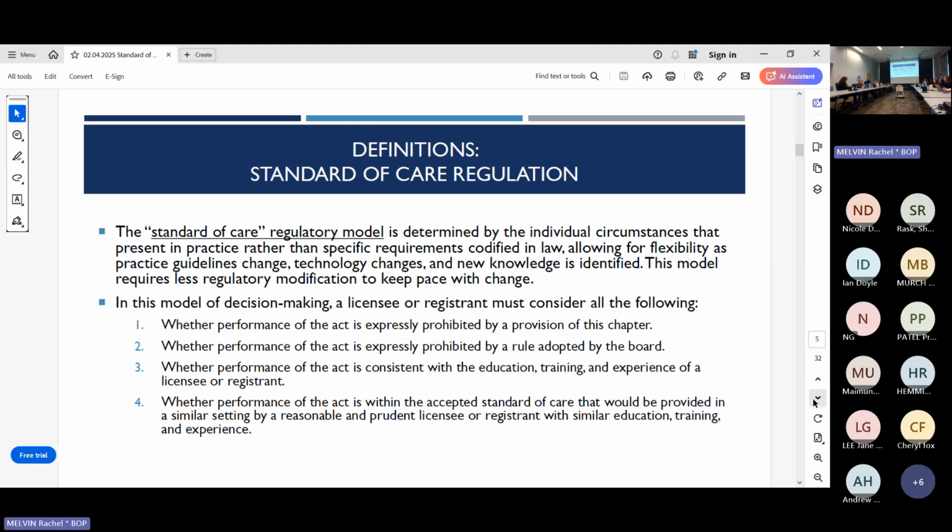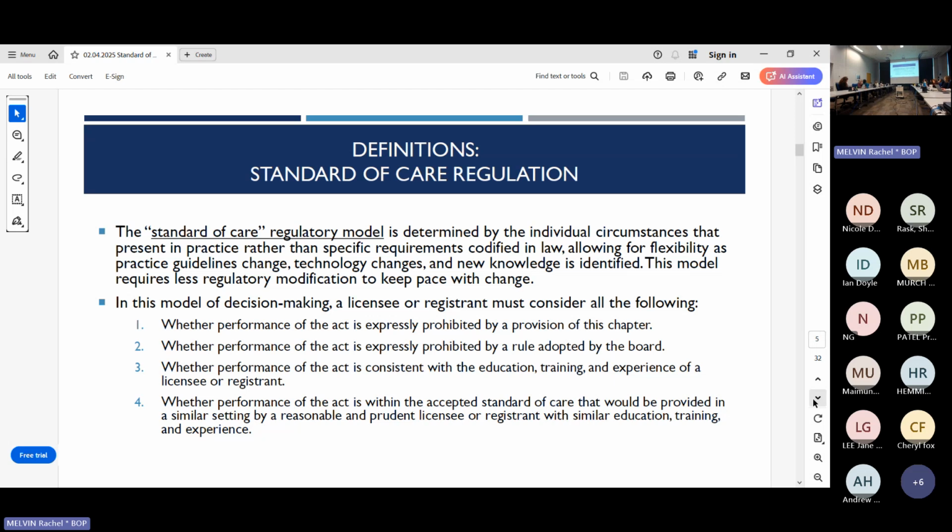And then whether it's within the accepted standard of care that will be provided in a similar setting by a reasonable and prudent licensee or registrant with similar education, training, and experience. And this is also in line, as we'll see in a later slide, with verbiage that's present in the standard of care language for physicians, nurses, et cetera.